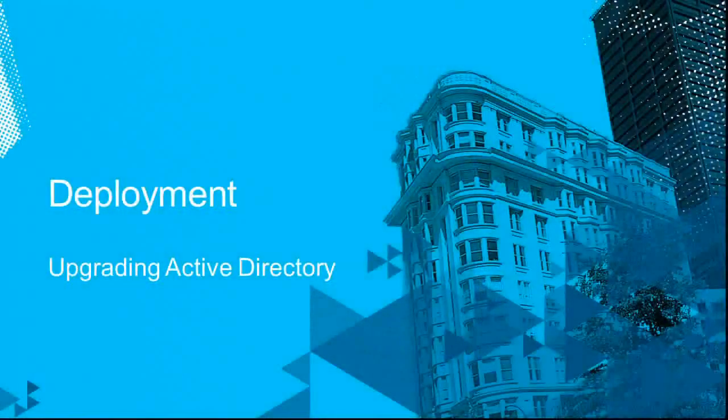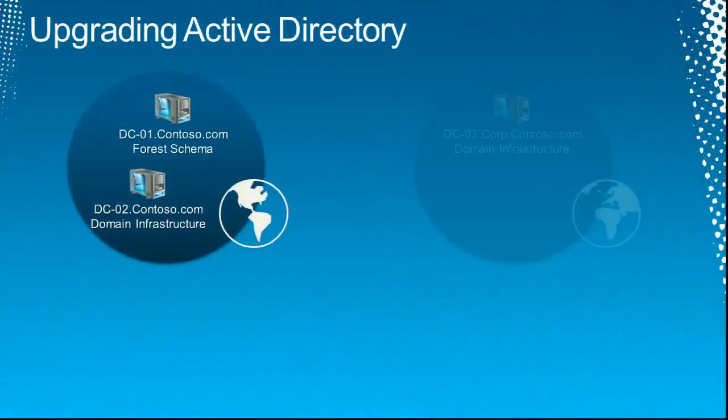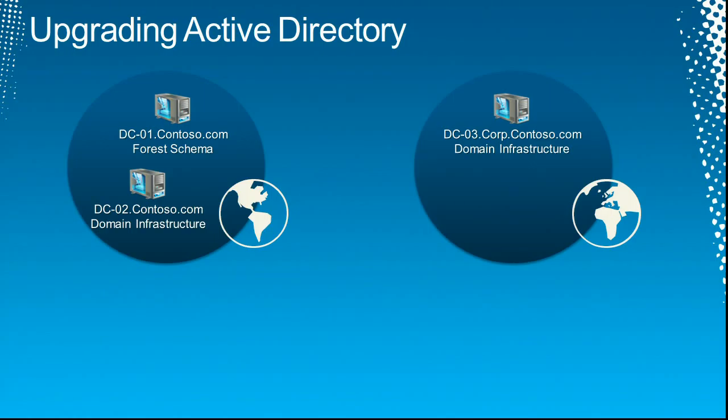Now let's switch gears to deployment, and specifically about upgrading Active Directory. So let's say that we have two different sites in two different domains, and we are going to introduce the first up-level domain controller in the domain.